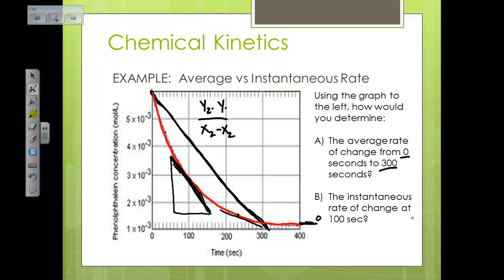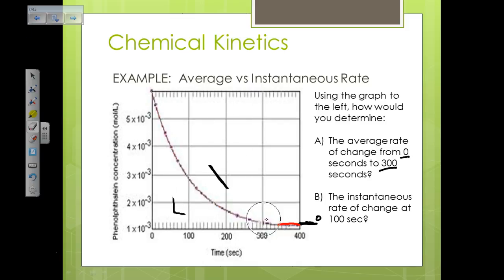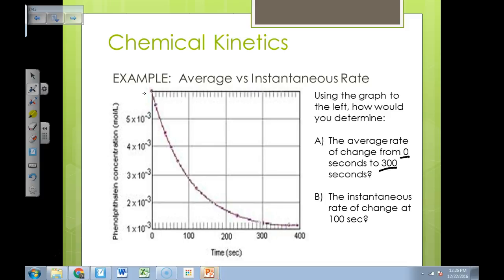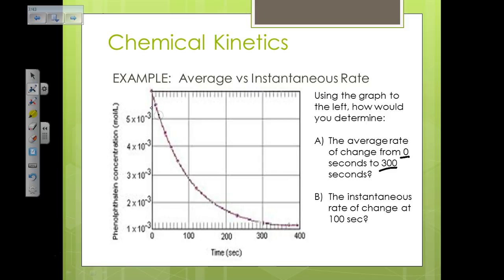Again, I'm going to highlight this one more time because the whole point of this is that if we're going to do instantaneous rate, we'll do instantaneous rate at 40 seconds. The slope of that line is going to be going fast because it's very steep.